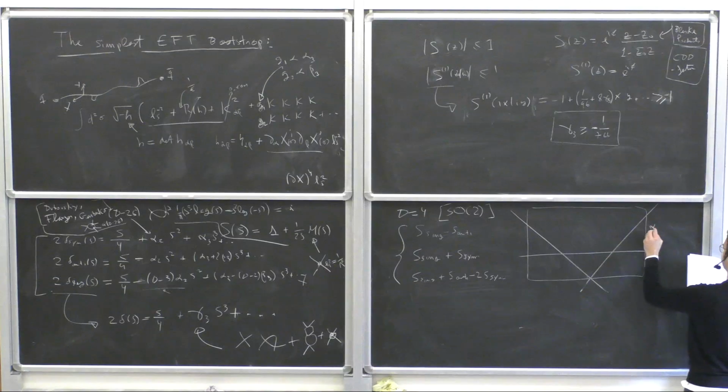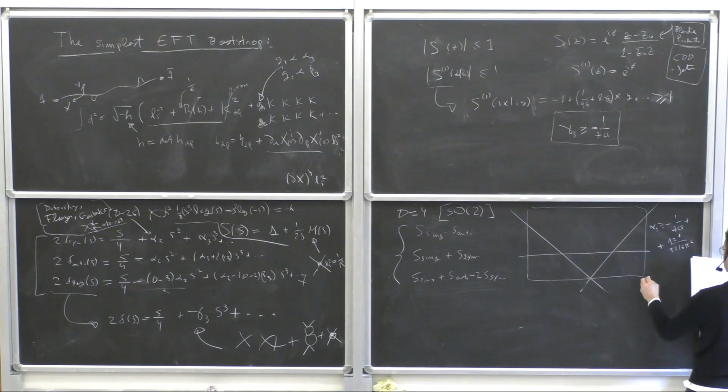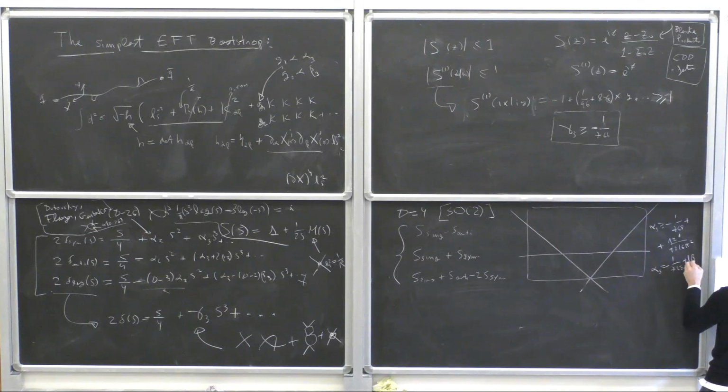You get alpha 3 larger or equal than minus 1 over 768 plus a calculable factor. And then these lines here are at the point alpha 3 equal minus 1 over 768 plus modulus of beta 3.